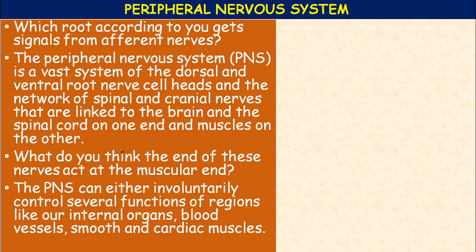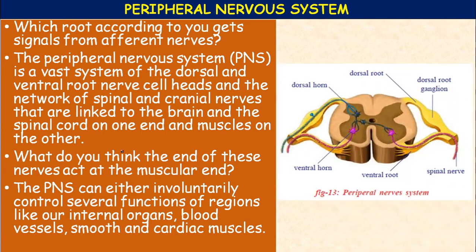Okay, so here a figure. This shows the peripheral nervous system. It shows your nerves attached to the spinal cord have two types of connections or roots. What are they?